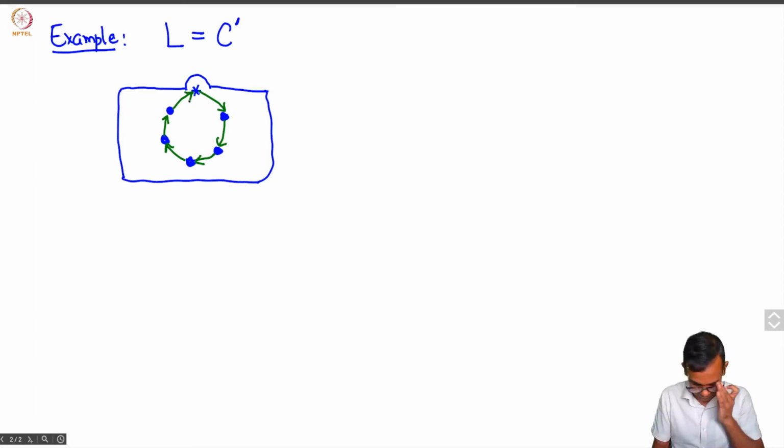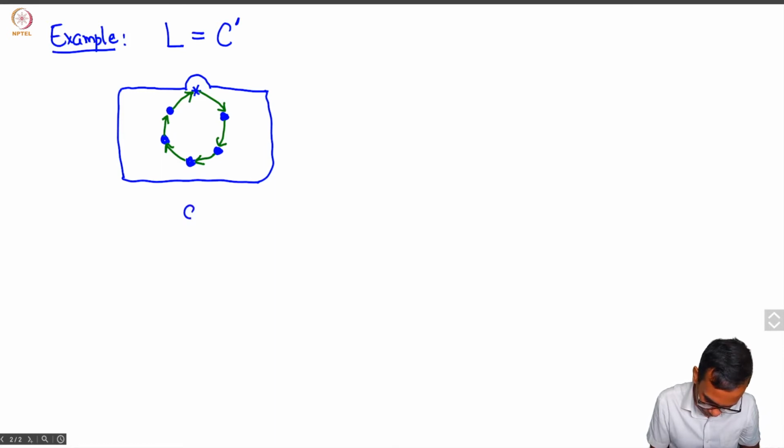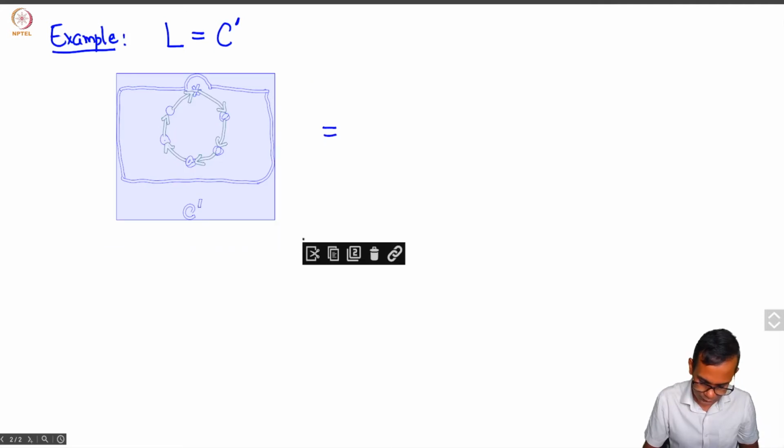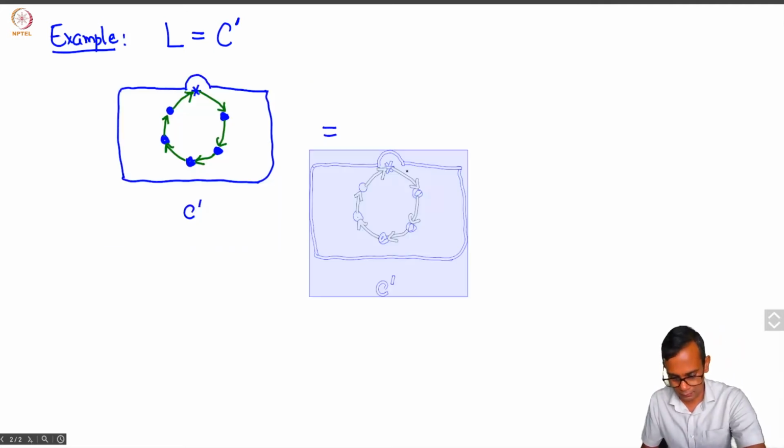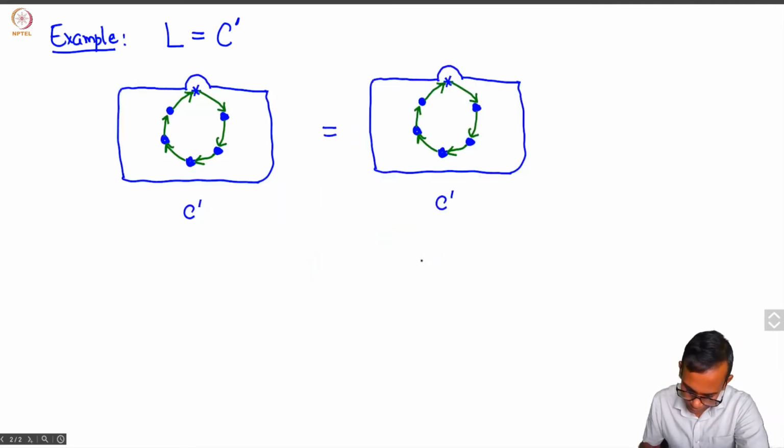And this is C prime. This star is not a point in U, this is the added point, and this is of course the same as what is happening on U. Well, let's remove this added point.